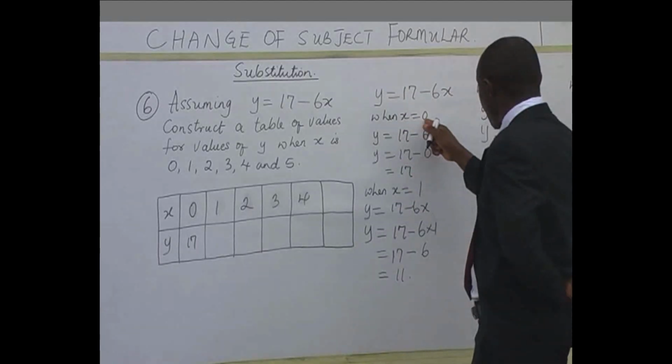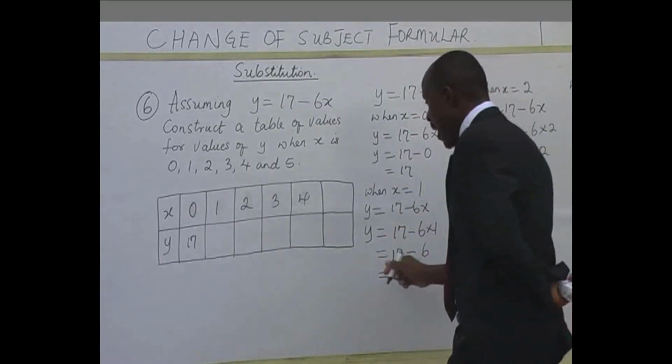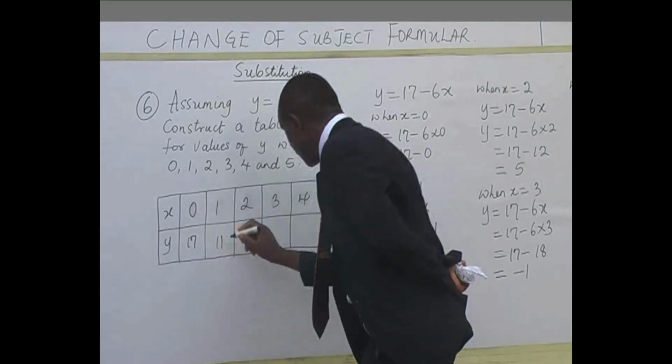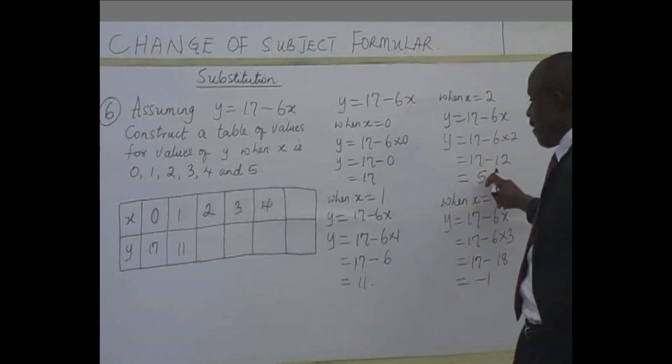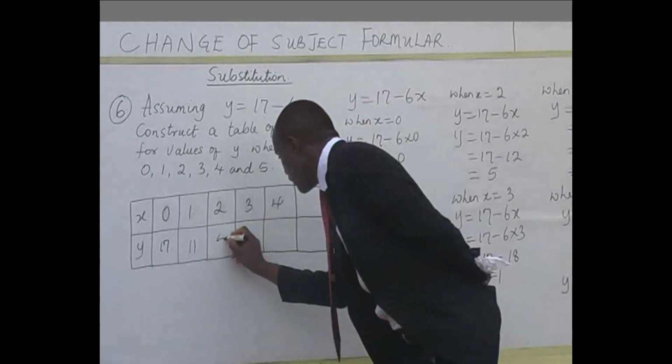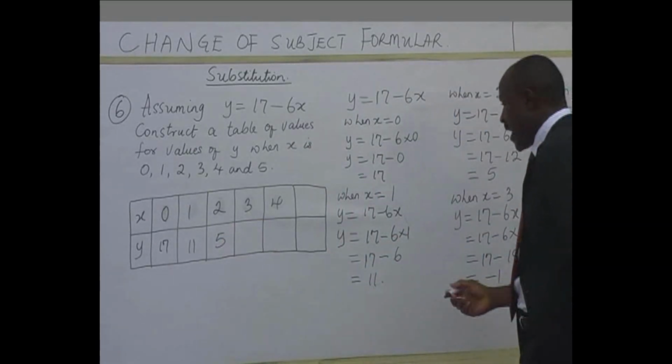So when x was 0, y was 17, correct? When x was 1, y was calculated to be 11. When x was 2, y was calculated to be 5. Write 5 here. When x was 3, y was calculated to be minus 1.